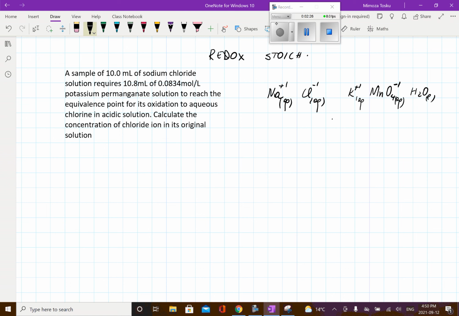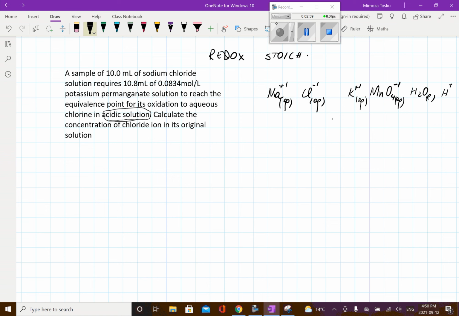Those are all aqueous solution, water, and then it's to reach the equivalence point of its oxidation in acidic solution. When we are saying acidic solution, that means that we have protons, which is H+.